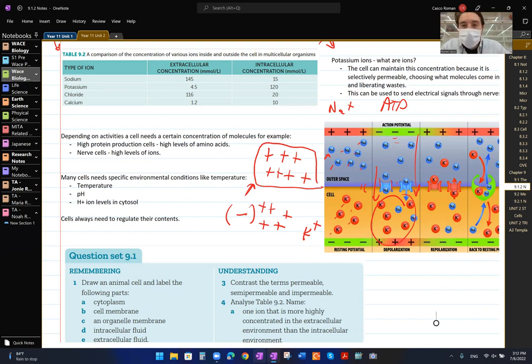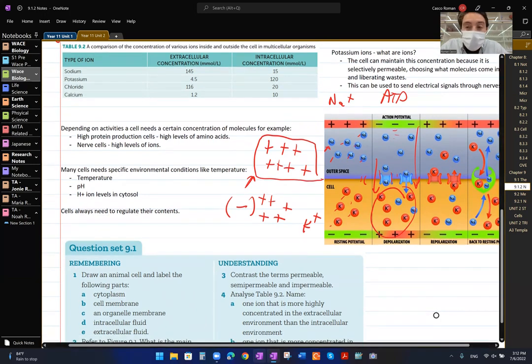It's kind of logical, right? If you're going to produce a lot of fiber in your muscles, you need a lot of amino acids to produce that fiber. Nerve cells, like I just talked about, depend on ions to send a signal, so they're going to need a lot of ions. Do you think skin cells need a lot of ions? Most likely not, because they serve for protection and not for nerve signaling.